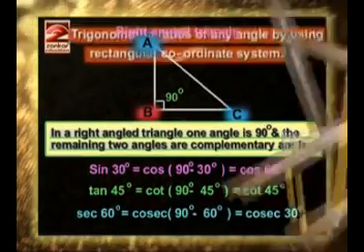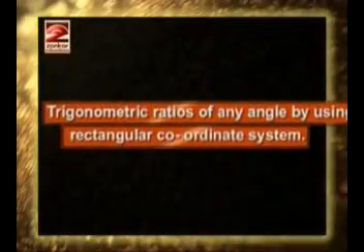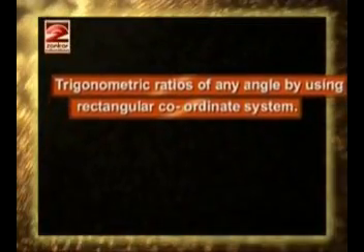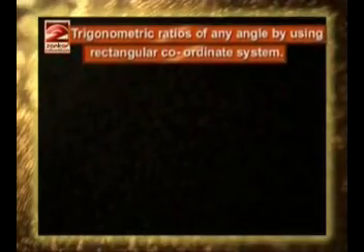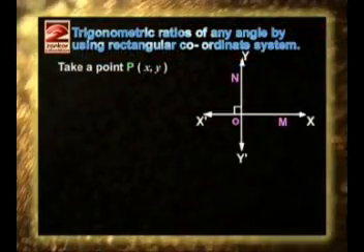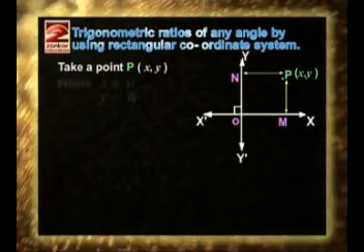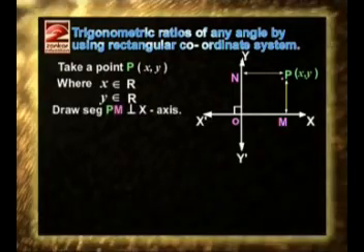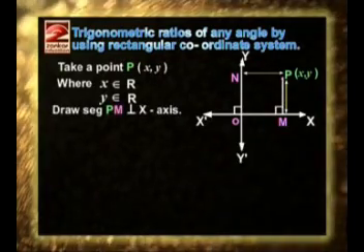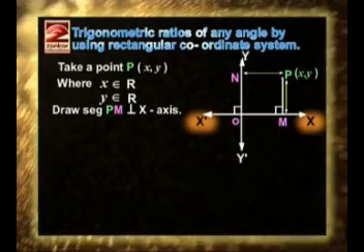Now we'll learn the trigonometric ratios of any angle theta by using rectangular coordinate system. Here we have to take a point P, that is (x, y), where x and y belong to R. Now draw seg PM, which is perpendicular to x-axis.